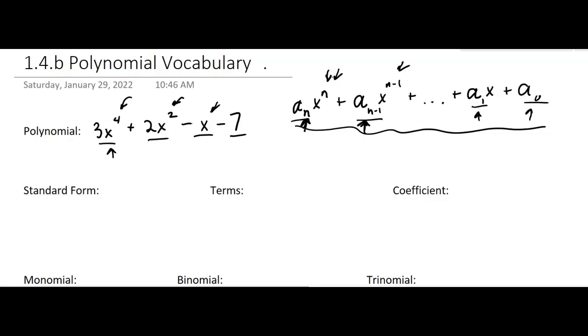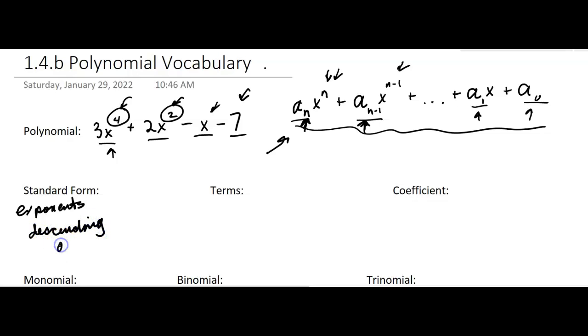Okay, so standard form for a polynomial says these exponents have to go from largest to smallest. And then your constant, if you're going to have just a constant at the end that doesn't have a variable, that should be at the end, okay? So standard form: exponents are in descending order.